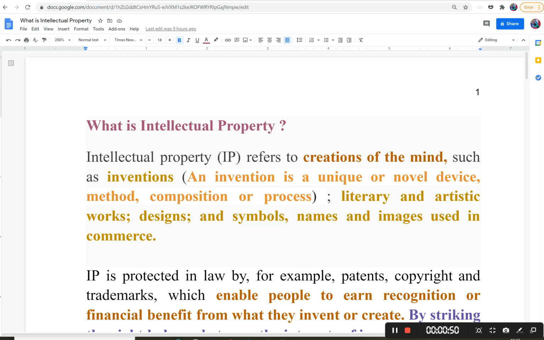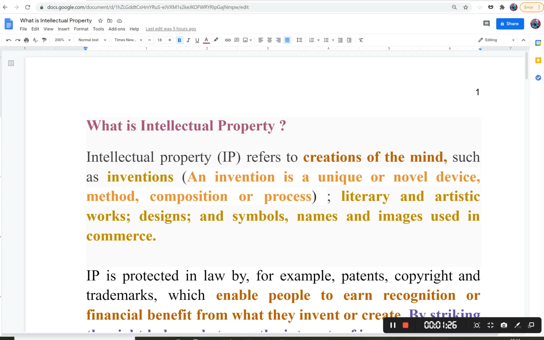What is intellectual property? Intellectual property refers to creations of the mind, and the creation of the mind can be in several forms.